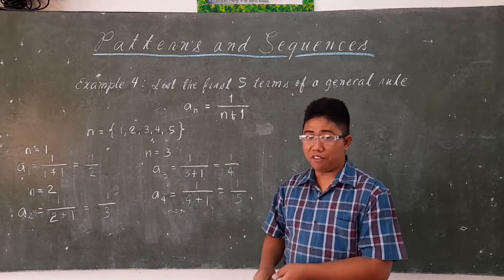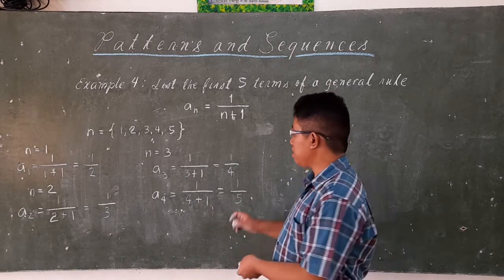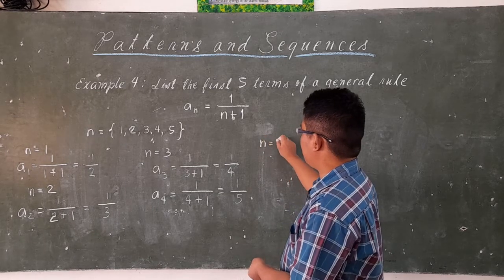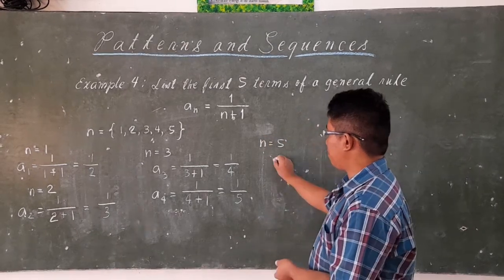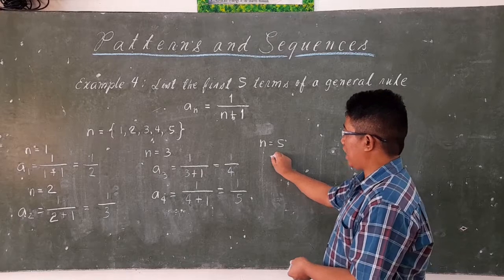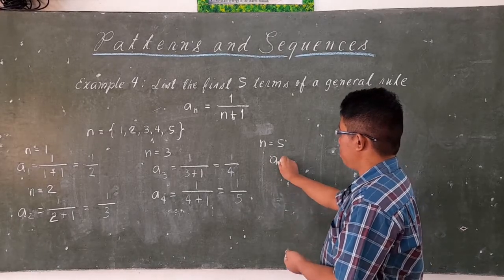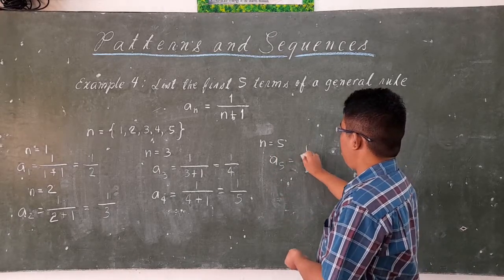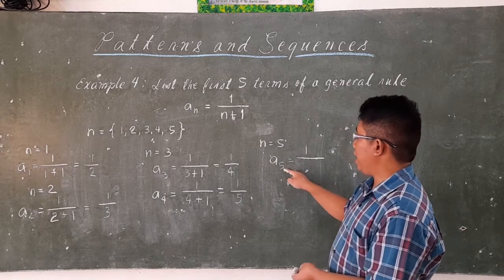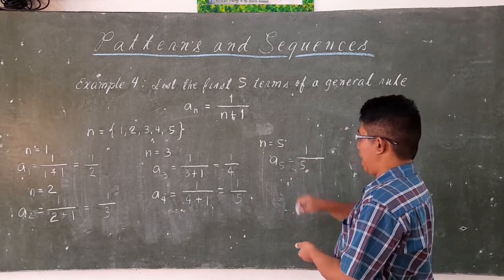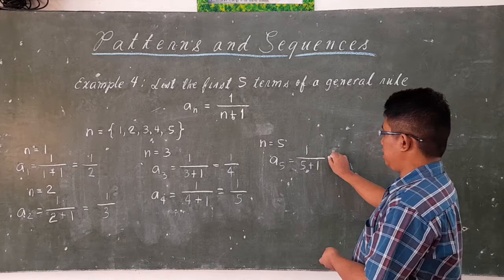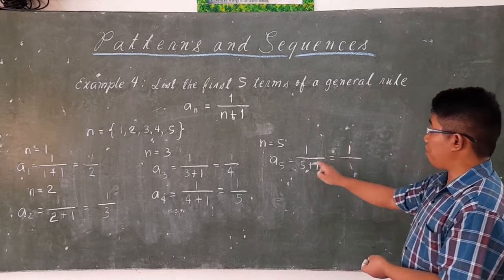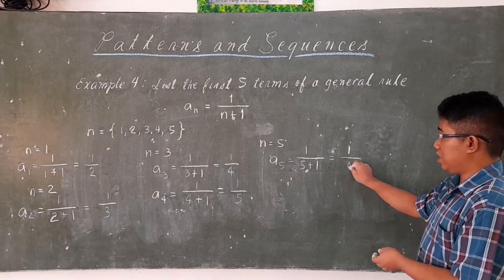That is 1/5. And a sub 5, where n is equal to 5. Substitute again into the given equation: a sub 5 is equal to 1 all over n plus 1, so 5 plus 1. That is 1 over 5 plus 1, which becomes 6.